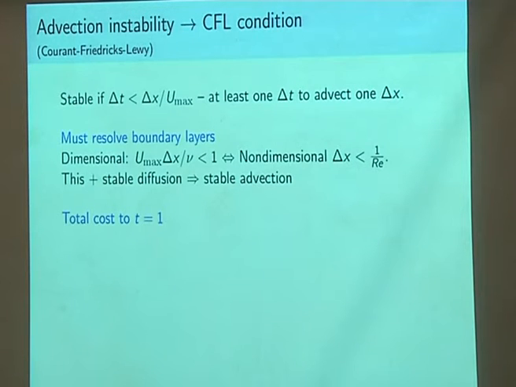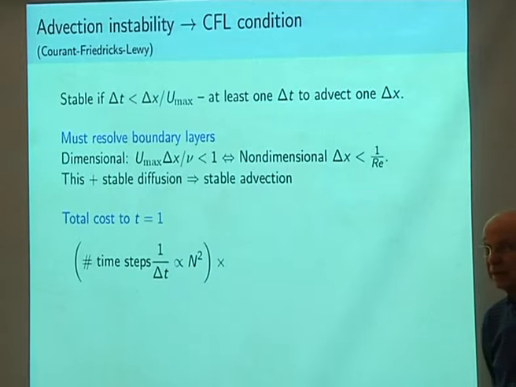Right, so how much does it cost us to make a simulation of a fluid flow up to non-dimensional time 1? Well, there's the number of time steps. We've just found that delta t has got to be less than delta x squared.